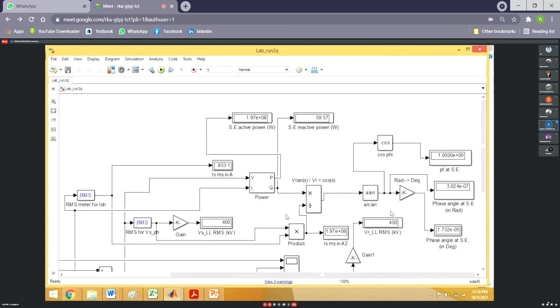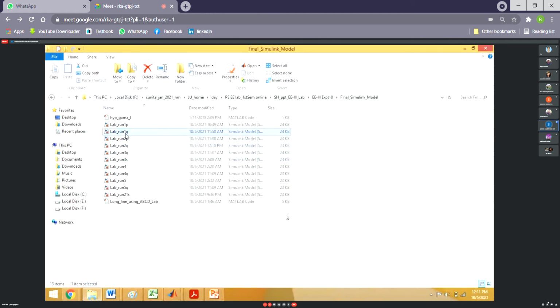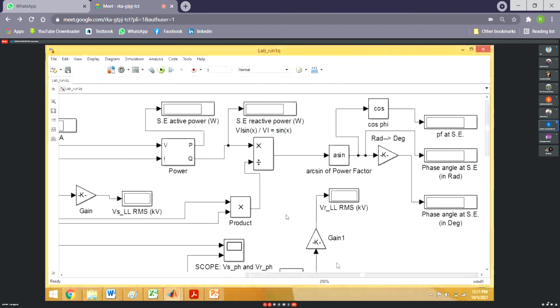One minute. In the previous run, run one, have you tabulated all the information in the table? Some is missed. In run one, all the information, have you tabulated? I think you have missed the RMS value of current. Is it so? Yes, ma'am.